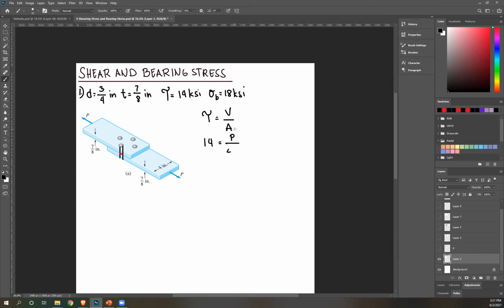Okay, let's draw that properly. Once again, you have your bolt, cross section. Let's do that 2D. So this is the 2D representation.